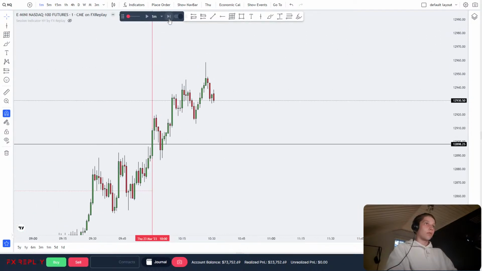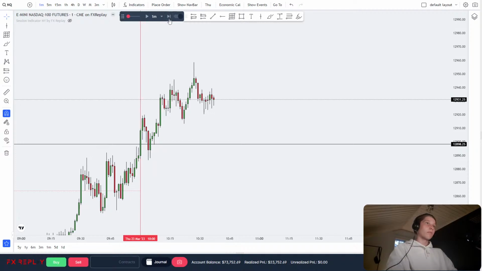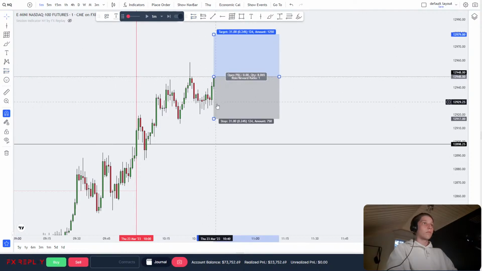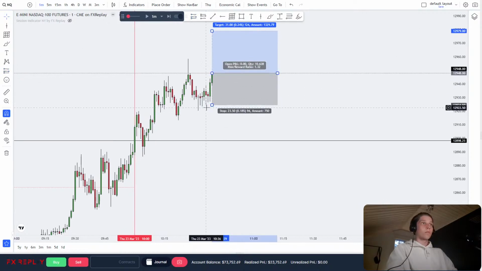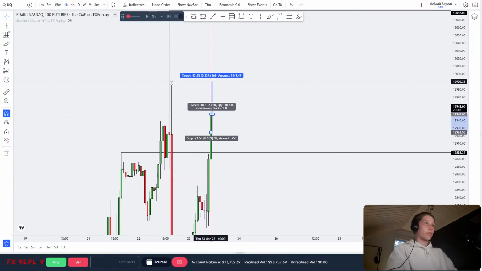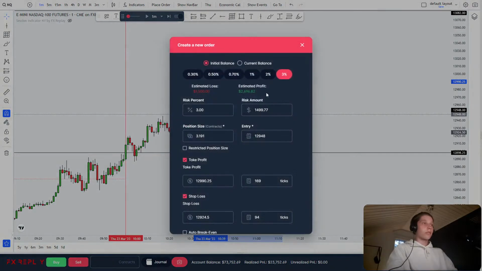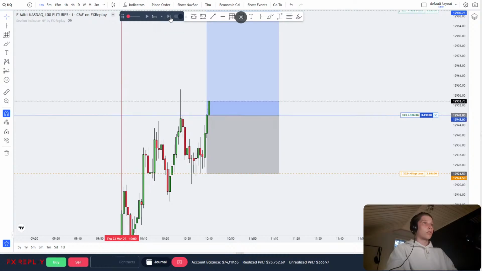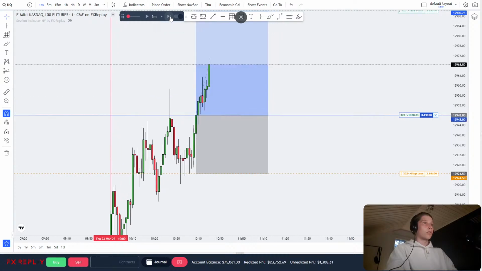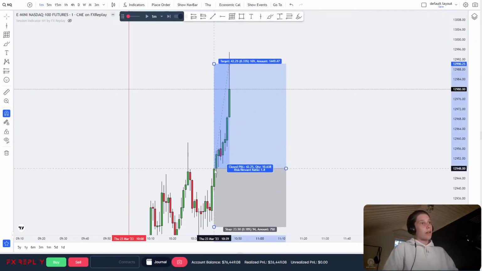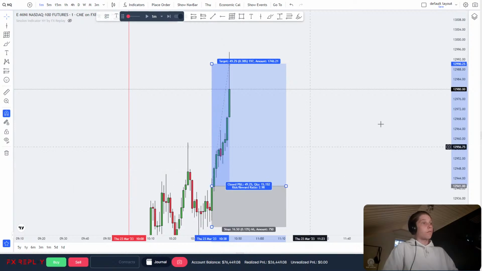I should just long this. So how about this? But we're clearly bullish. Run to that high. Okay, that hits. This is a bad entry really, because I should have entered here.